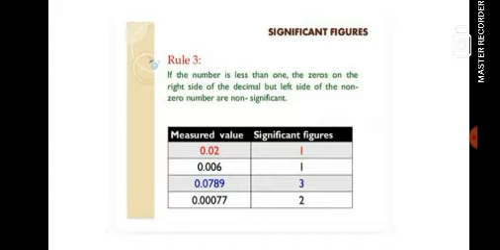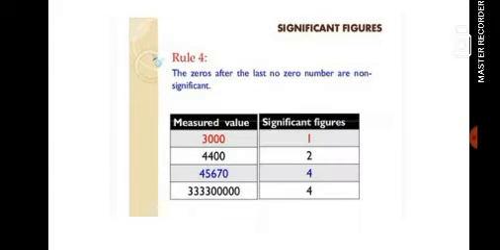In 0.07893, four digits are significant, that is 7893, and the zeros are not because they are on the left-hand side.